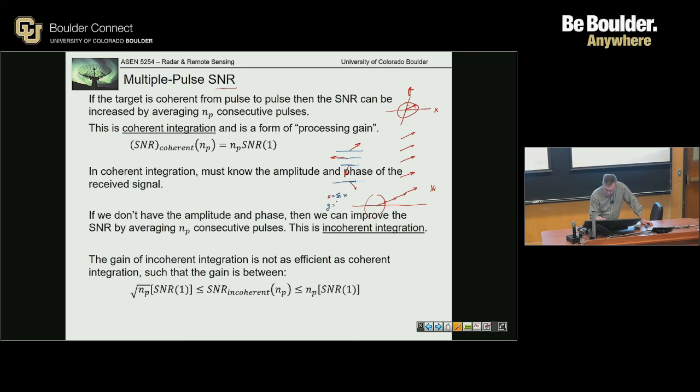And then the y would be the sum of the y components. And that's what we did over here. We summed the x components and we summed the y components, but we did it vectorially. If you couldn't break this down, you'd get an average close to 0. You'd have +1 of the magnitude, -1. So you need to have the phase information. Incoherent integration is when you don't know the phase information.